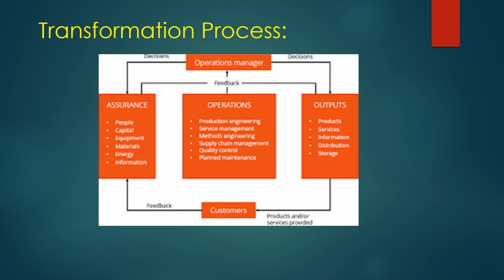People, capital, equipment, and material are used by operations in the form of production engineering, service management, and method engineering, and output is produced in the form of product, services, information, and storage, where output is supplied to customers who provide feedback to the operations manager where further decisions can be taken.